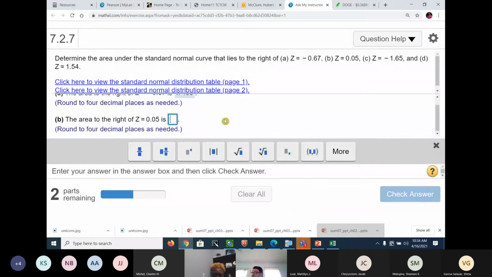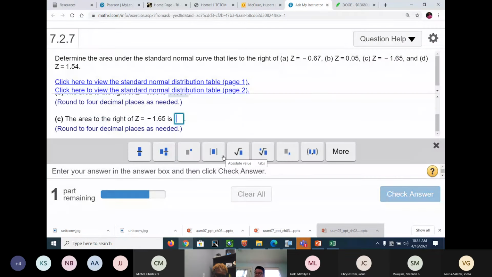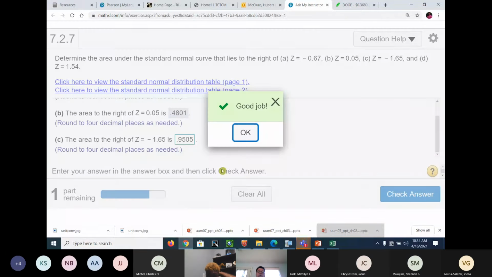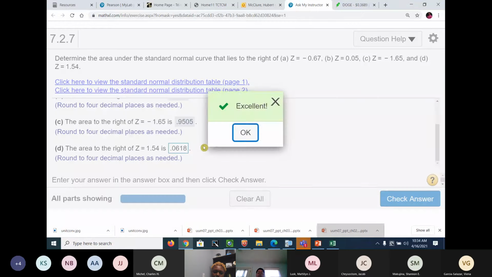To the right of 0.05 is 0.4801. Negative 1.65, 0.9505. And the last one, 0.0618. We got all 4 of them right.